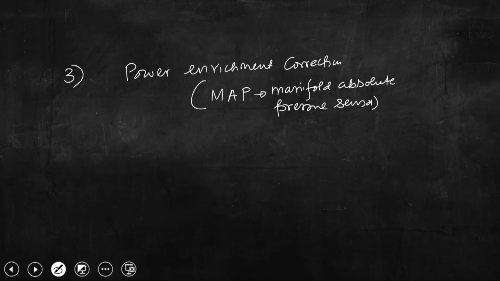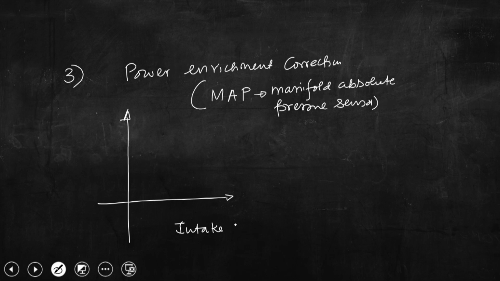So, let me write a few points, or draw the graph. If we try to draw the curve, that is the correction coefficient for power enrichment correction. So, this is intake air volume or throttle angle.